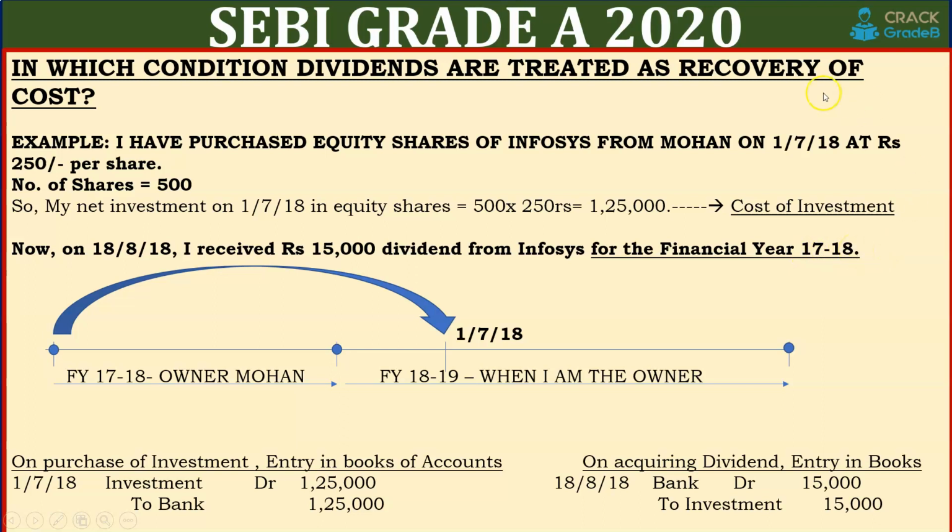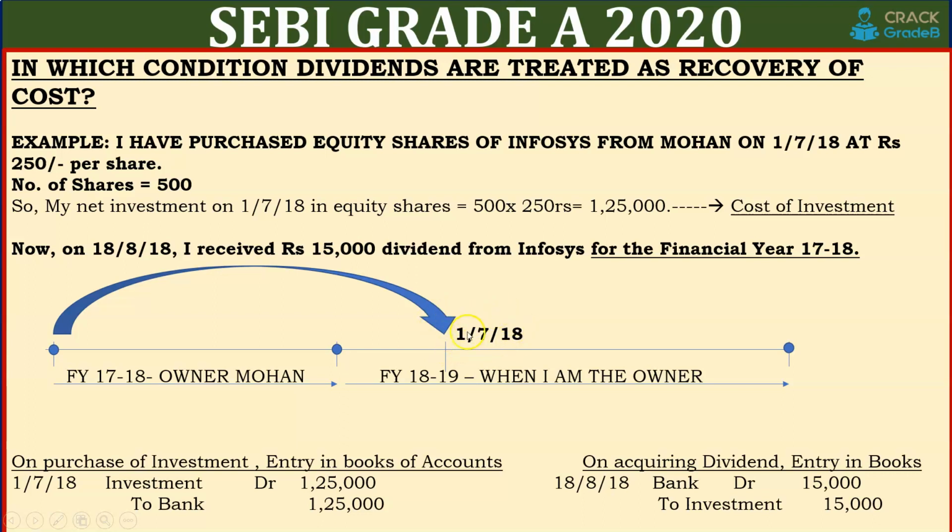Now I purchased the shares in accounting year that is 18-19, but I got dividend for the year 17-18. So here you can see financial year is 17 to 18. Owner of the shares was Mohan till 17 to 18, and here this period represents 18 to 19, 2018 to 2019, this period. And in this year I was the owner of these shares, and this date represents here when I purchased those shares.